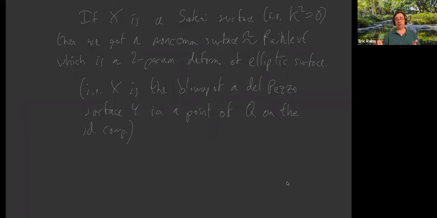So for our non-commutative deformation, if you start with this del Pezzo surface, we have one parameter, which is the point on the identity component we're blowing up. And we have another parameter, which is a line bundle of degree 0. But this anticanonical curve is a fiber of an elliptic surface, so that's the same type of information as a point on the identity component. So we get 2 points on the identity component describing our non-commutative surface in terms of this del Pezzo surface of degree 1.